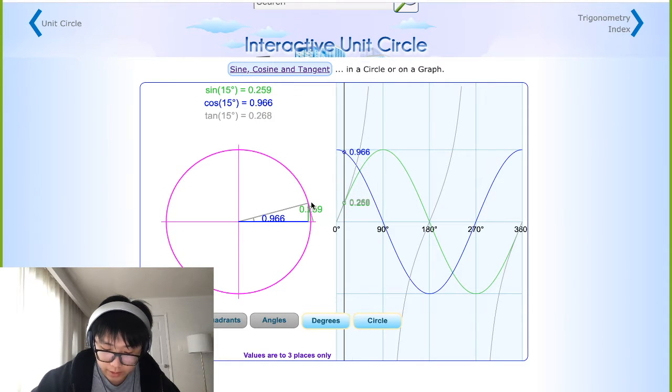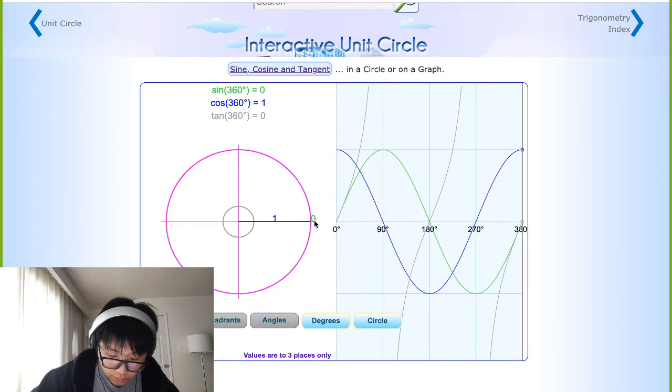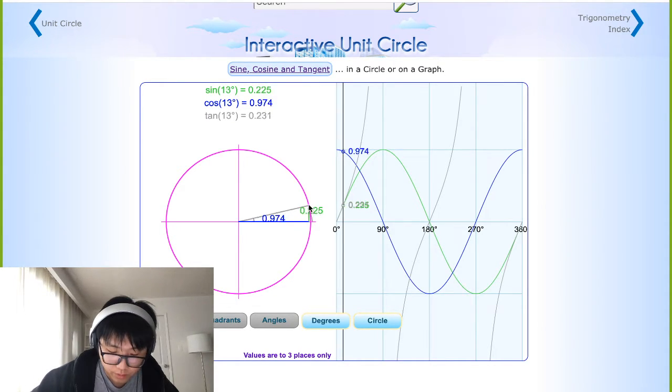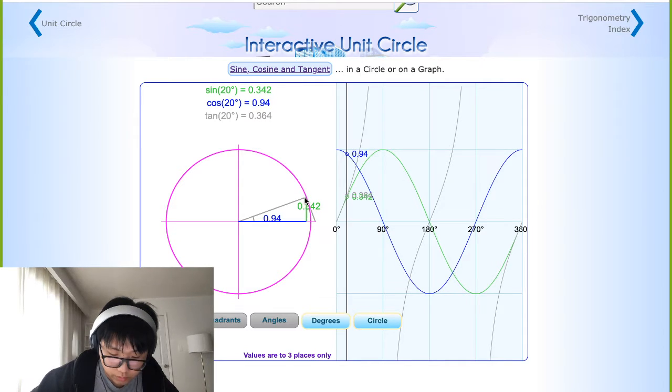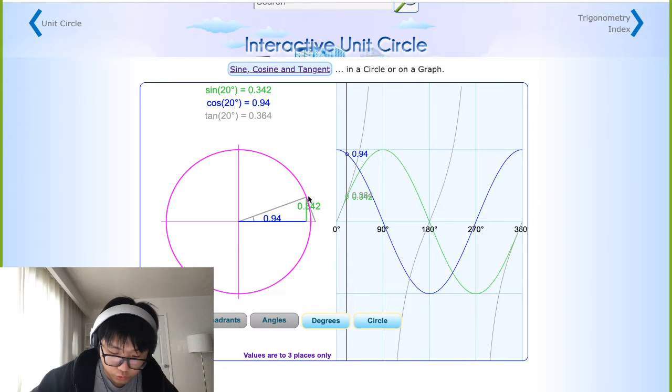So the slope is getting smaller and smaller, and that's because, look, if I go the first, let's say 10 degrees, the first 10 degrees only gain me about 0.174. But the next 10 degrees, let's do 20 to be more dramatic actually. So the first 20 degrees went up by 0.342.